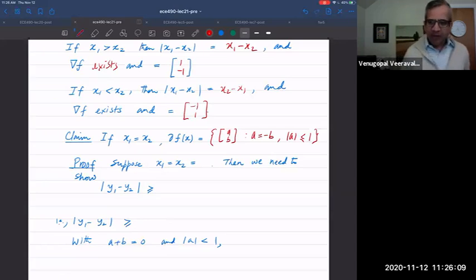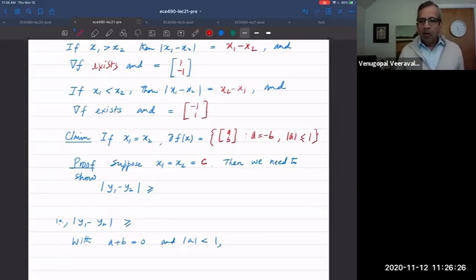So say that x1 is equal to x2 equal to some constant c. Just assume it's some c; c could be positive or negative, or even 0.